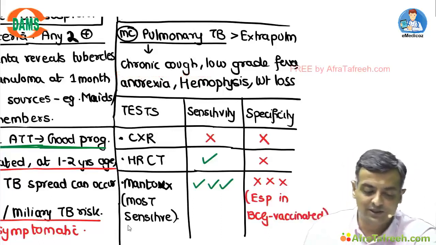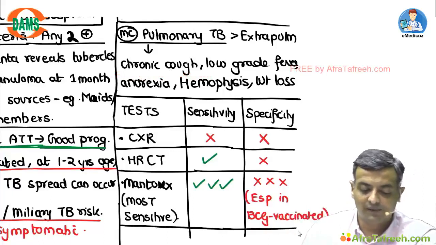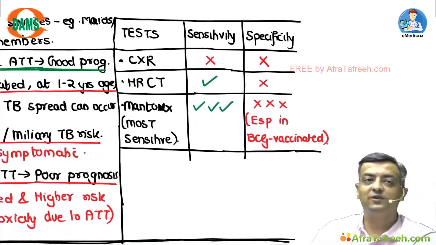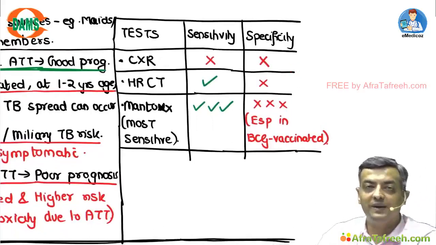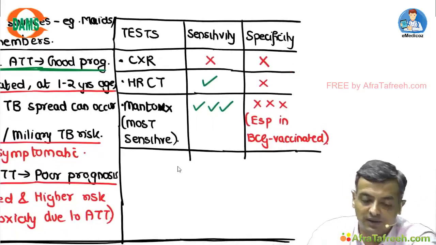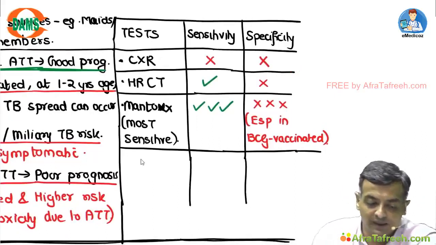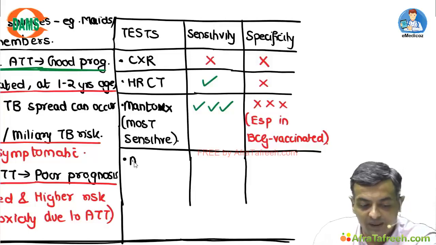The test is useless because after BCG vaccination, Mantoux is going to be positive. So what other test do we have? We can take help of AFB staining.